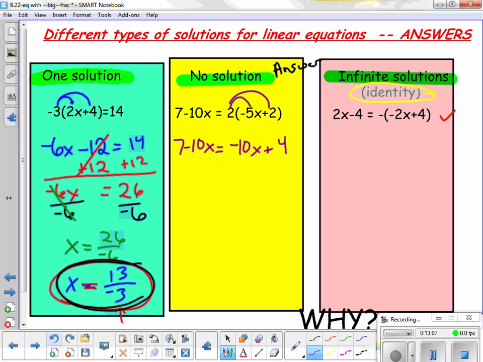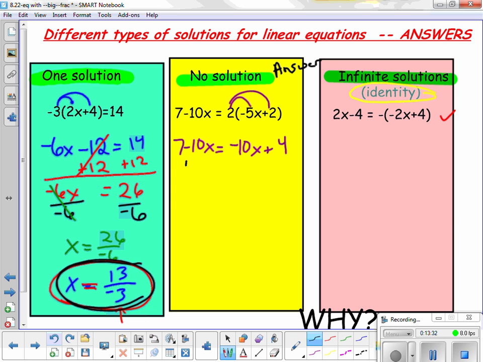Now I have an x on the left hand side and an x on the right hand side, and I need to solve this so that the x's are together. Remember, we're going to move the smallest x to the other side. The x on the left is negative 10x, and the x on the right is negative 10x, so they're the same and it doesn't matter which one I move.